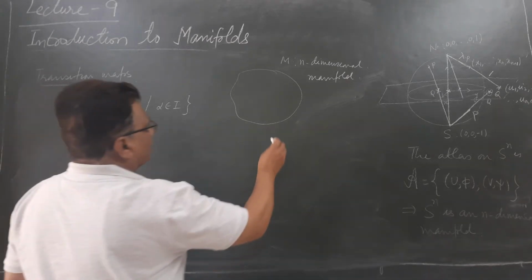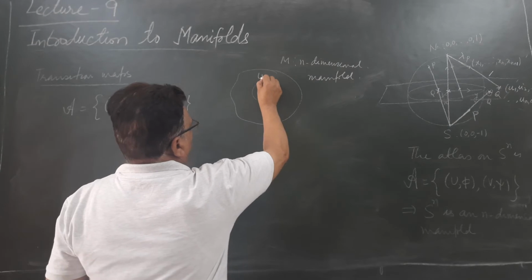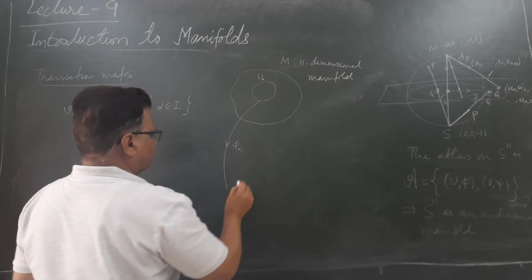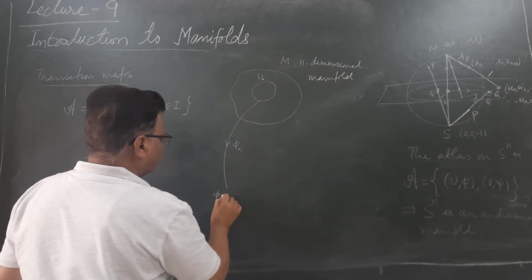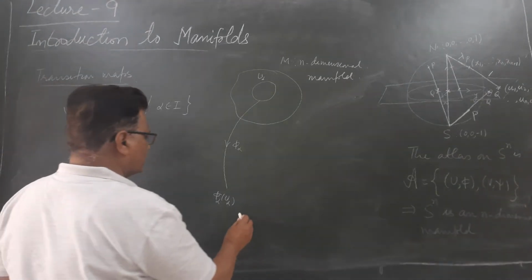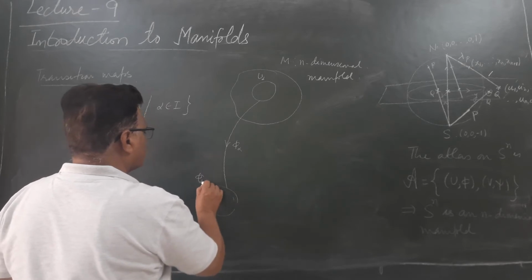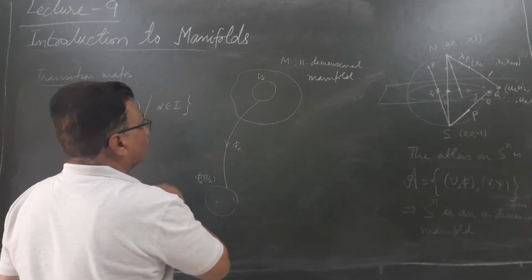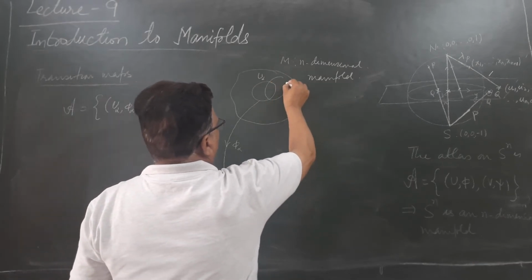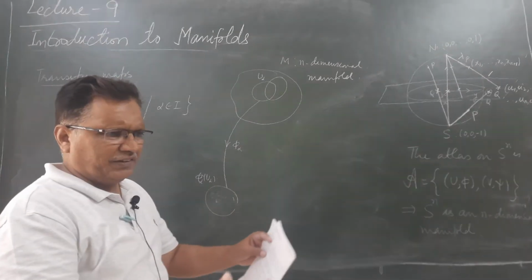Now consider a situation. Suppose U alpha is this neighborhood, which is homeomorphic under the homeomorphism phi alpha to an open set phi alpha U alpha in Rn. This is a subset of Rn. And there is another neighborhood U beta also. There may be many intersecting neighborhoods.